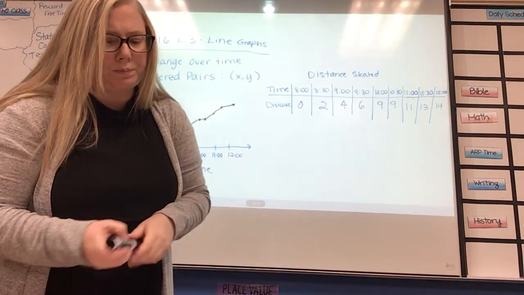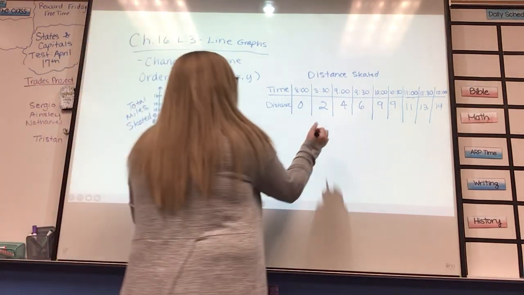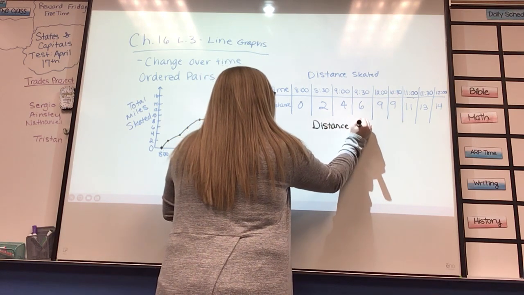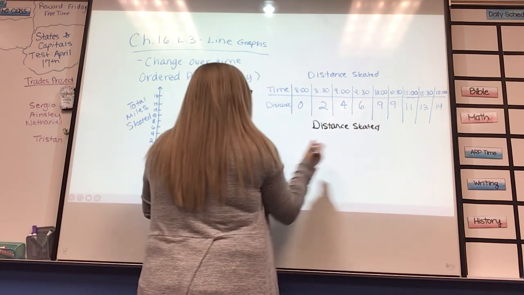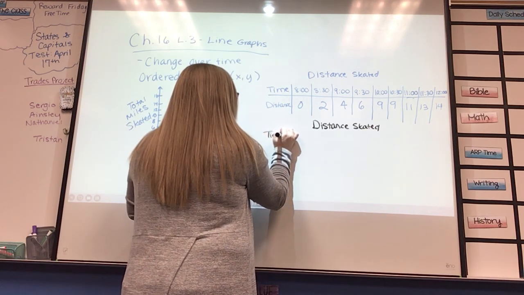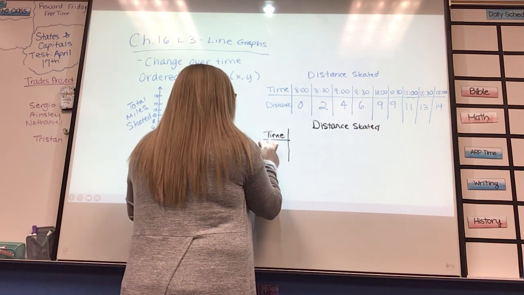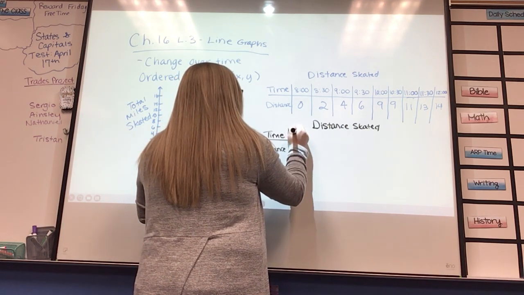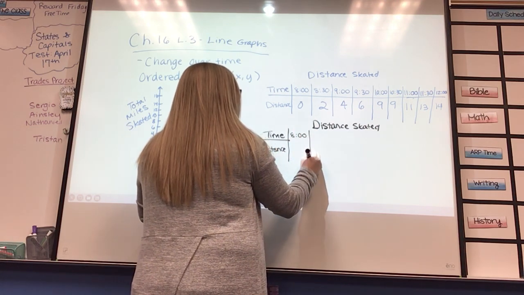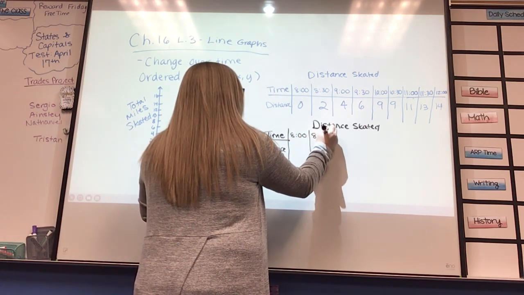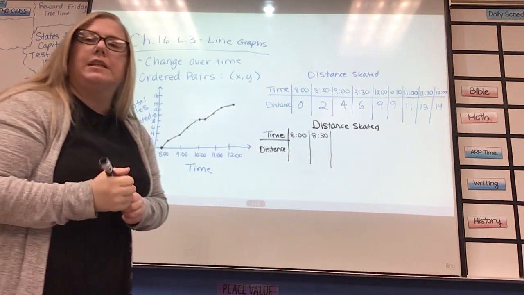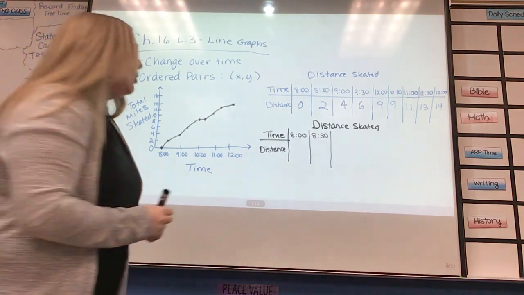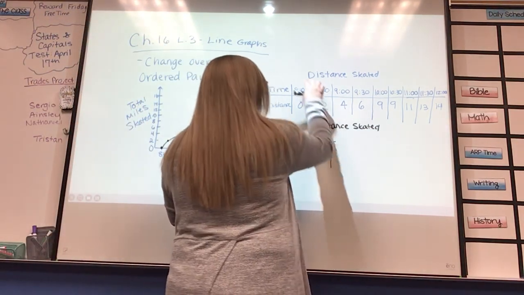Okay, so this time it's the same thing, distance skated. And I have same thing, time, distance. Okay. It still has the same numbers, so I'm still going to 12. So just go ahead and label it the same way as you did this one up here.